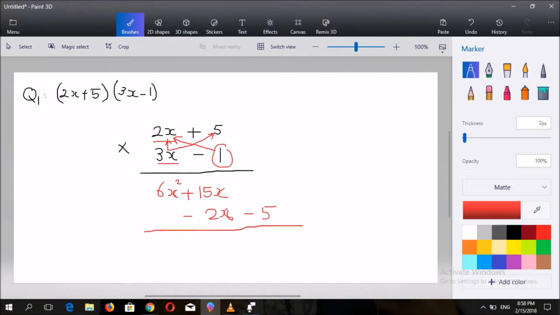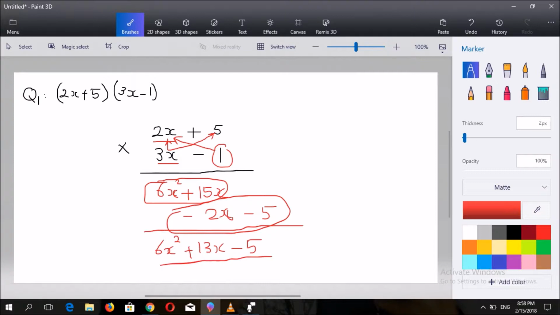So now we need to multiply minus 1 by each term of the first expression. Minus 1 by 2x will give you minus 2x, and then minus 1 by plus 5 will give you minus 5.